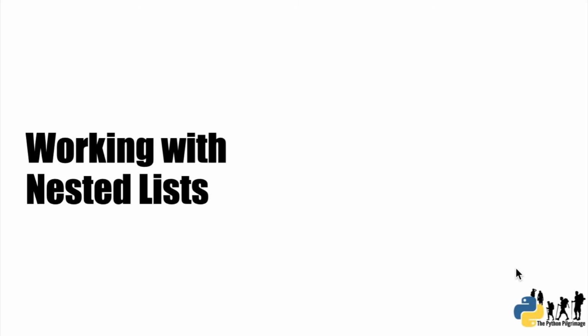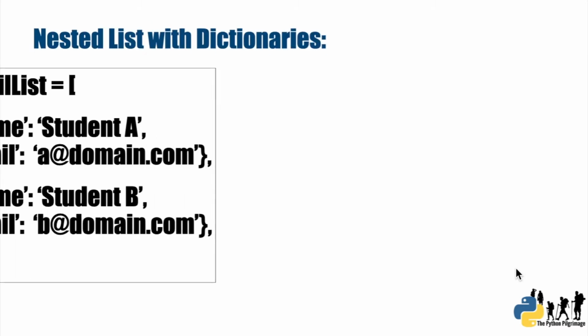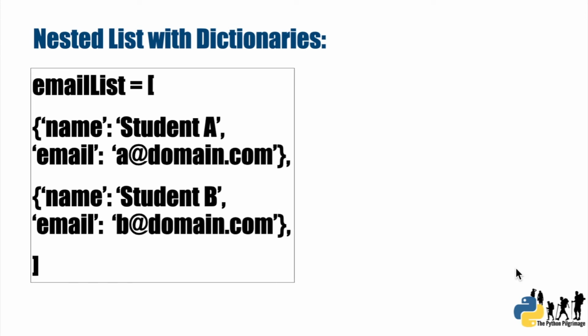To start off, we have this nested list with dictionaries inside. So you have your email list, that's your main list, and inside that main list are a few dictionaries. You have your name, your email, and your student names and their respective email addresses.